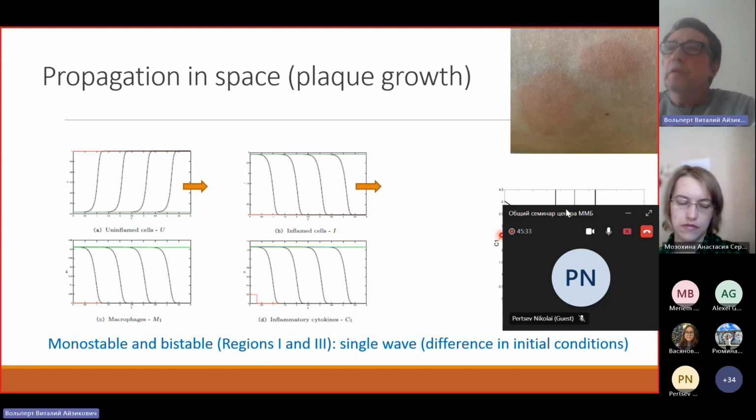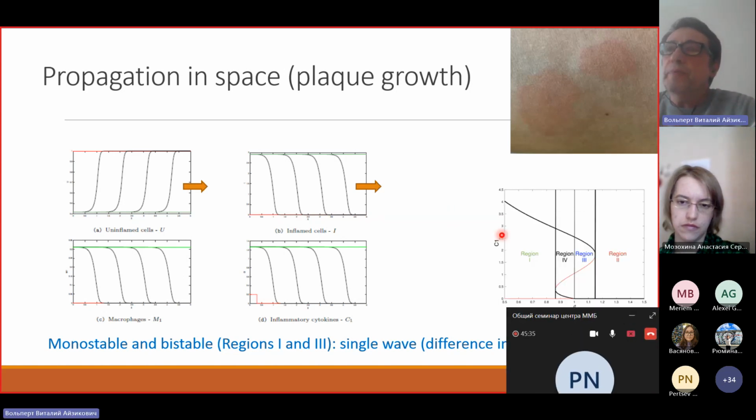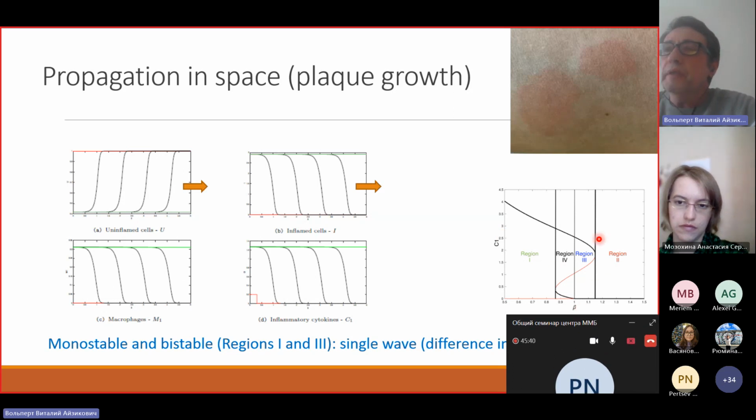And there are different regimes of this propagation depending on the number and stability of these stationary points. Of course, if our parameters correspond to region 1, nothing happens. In region 2, the monostable case, there is a transition from the unstable to the stable.